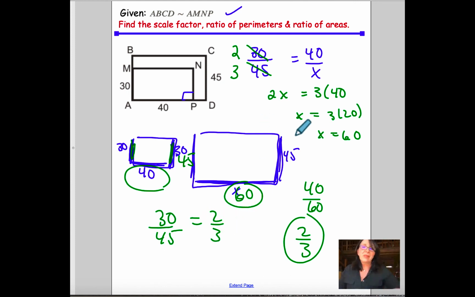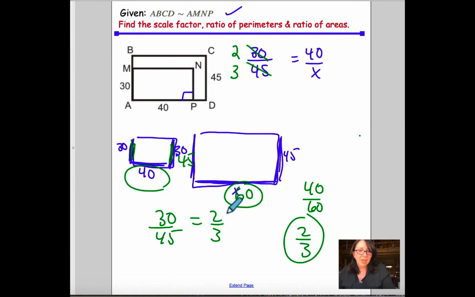Anyway, once you have your scale factor, then what you need to do is find the ratio of perimeters, which you can actually do by adding up all the perimeters and comparing them. But realistically, the ratio of perimeters is the same as my scale factor. So if my scale factor is 2 to 3, then my ratio of perimeters is also 2 to 3.